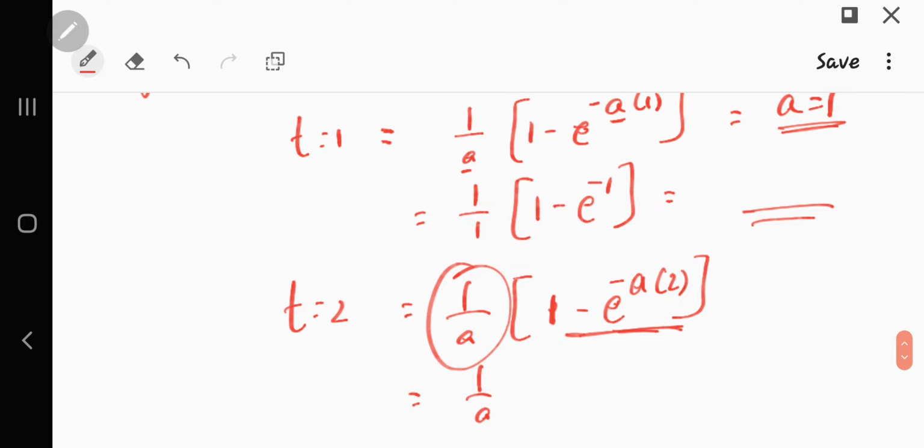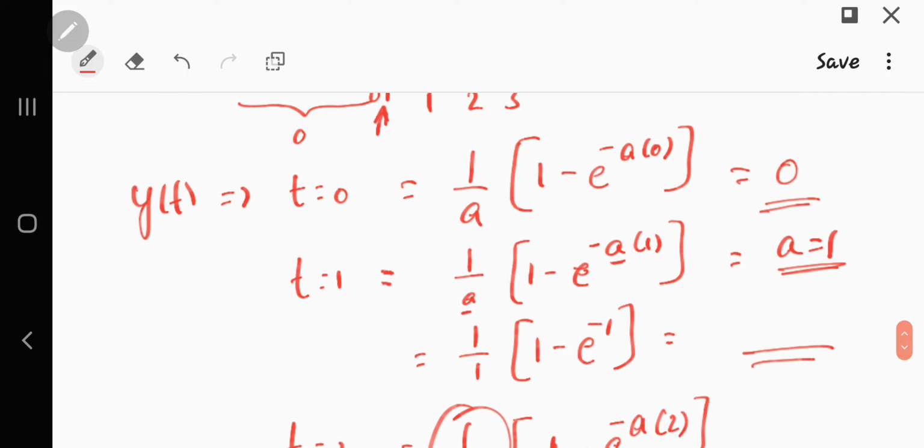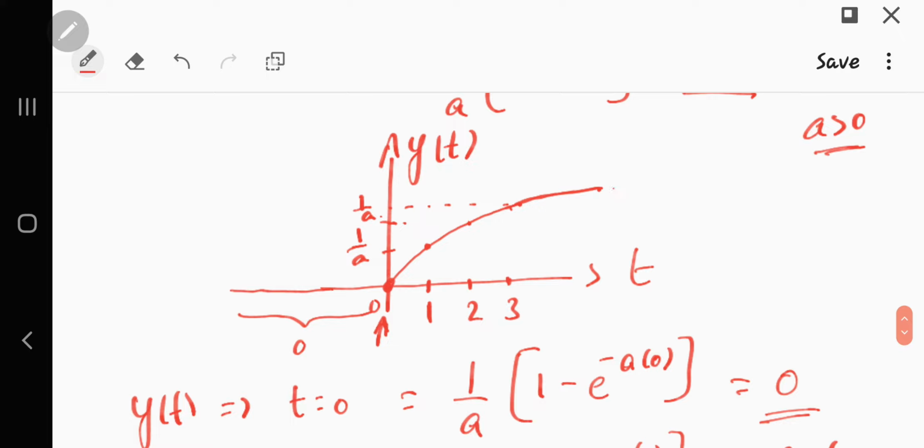Now we can't consider all the cases, so to keep it simple, I'm just mentioning the amplitude as 1 by a. So this is the plot you are going to get. At some point you might get a constant value, or it will keep on growing exponentially for 3, 4, 5, etc., and it varies with respect to time t.